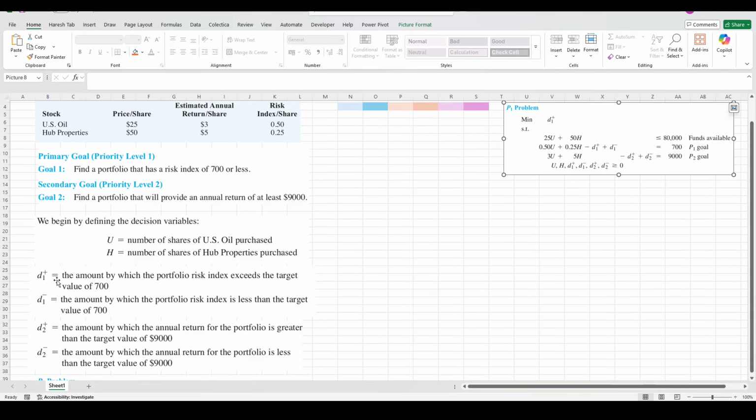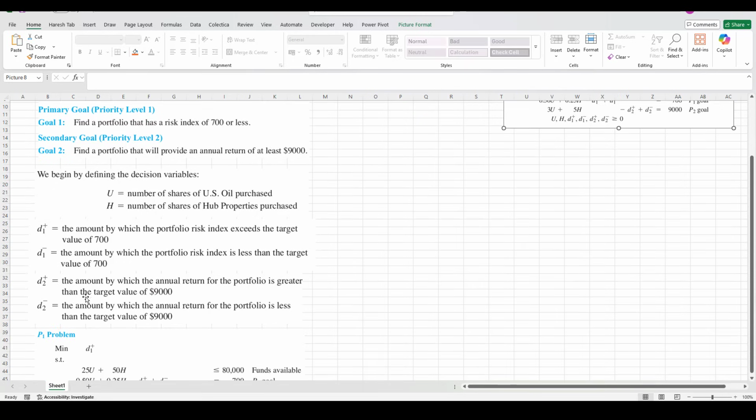For the first goal we use D1 plus and D1 minus. D1 plus is the amount by which the portfolio risk index exceeds the target value of 700, which is our first goal requirement. D1 minus is the amount by which the portfolio risk index is less than the target value of 700. Similarly, for the second goal, we have D2 plus and D2 minus.